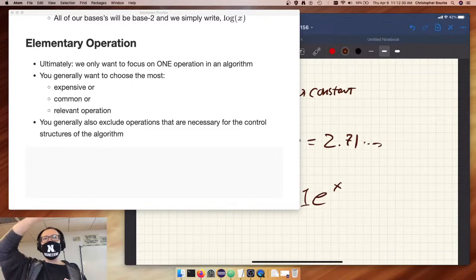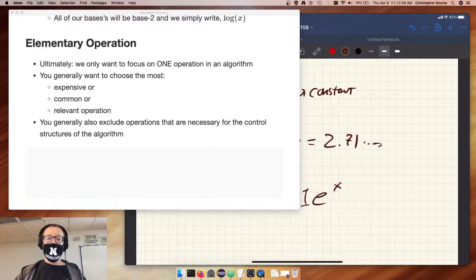All this other cost up here is proportional to that cost. If your loop goes n times, sure, you're doing n comparisons, you're doing n additions. But if you're doing something way more expensive inside, you're also doing n of those operations. So it's just simply n plus n plus n, right? And it's 3n, and 3 becomes a constant sitting out front that we throw away in step 5.